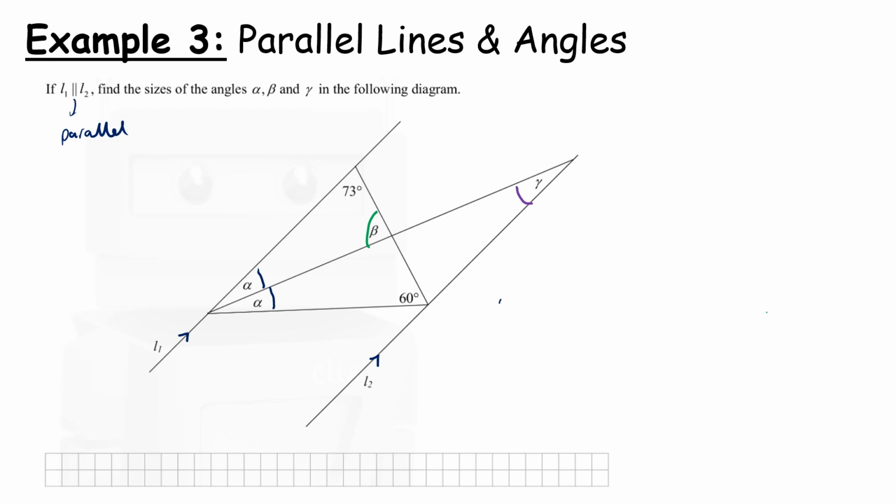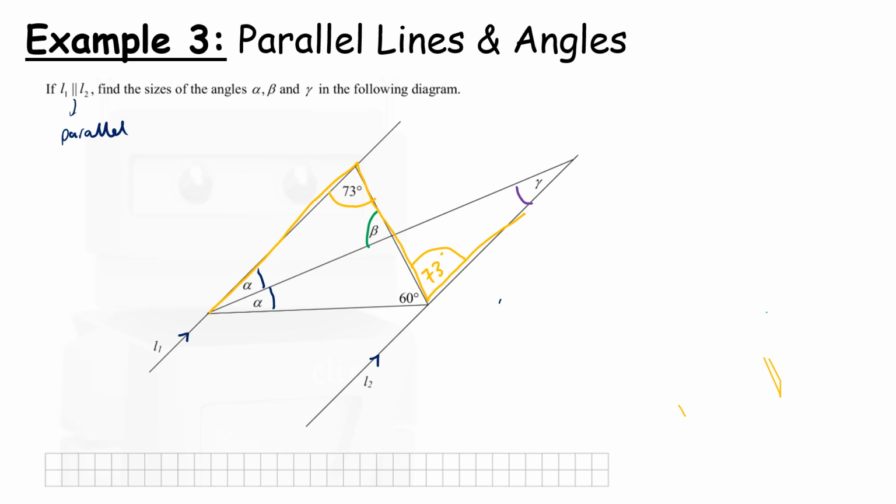Because we know that they're parallel, we can go in straight away with a little bit of work with our alternate angles. So let's talk about our Z here. Because of the way this works, this angle here is the same as this angle here. So that's 73 degrees.